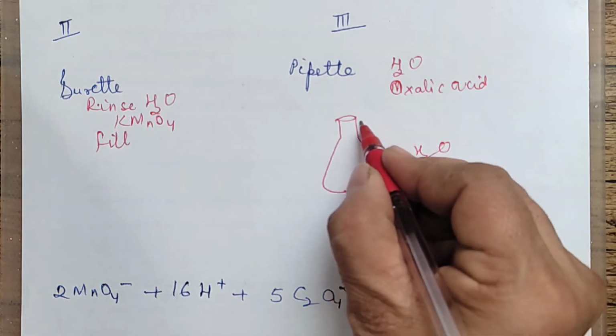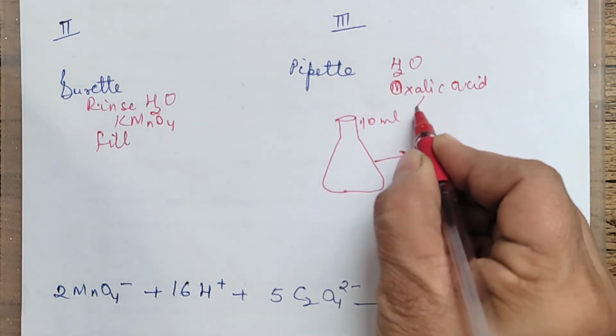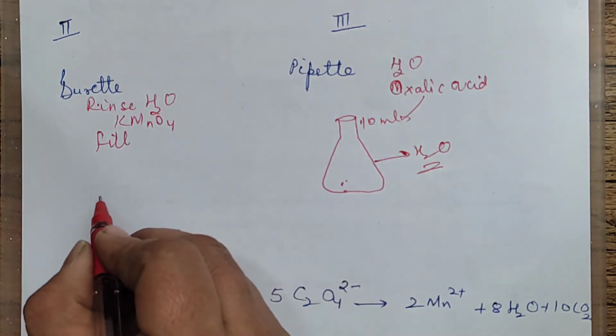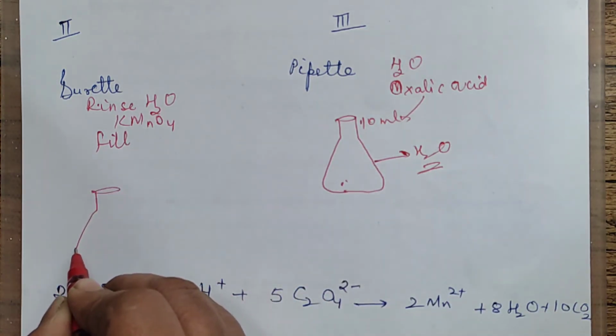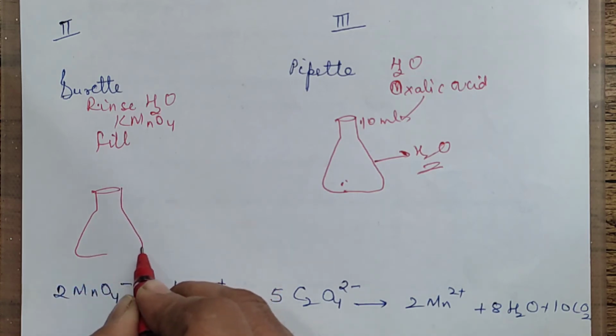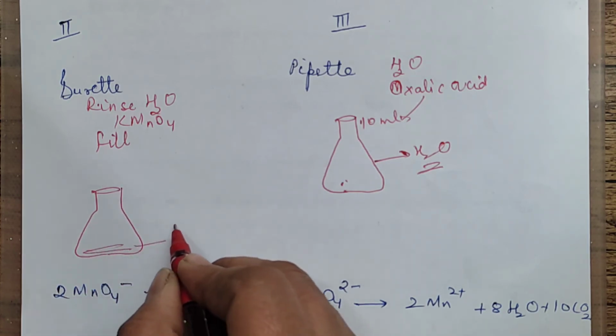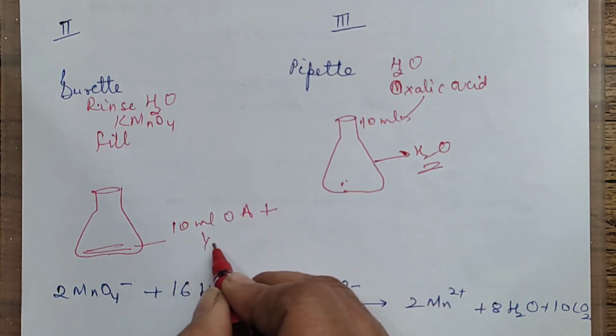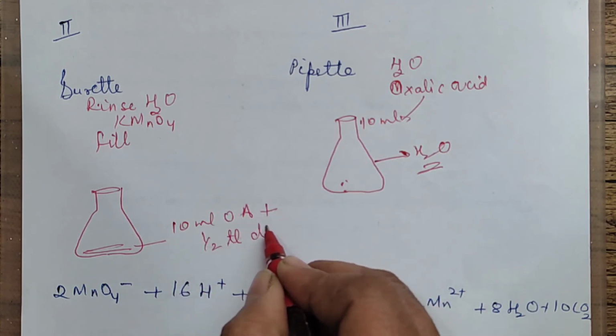Pour 10 ml of oxalic acid which you have prepared in this. This conical flask is containing 10 ml oxalic acid plus half test tube dilute sulfuric acid.